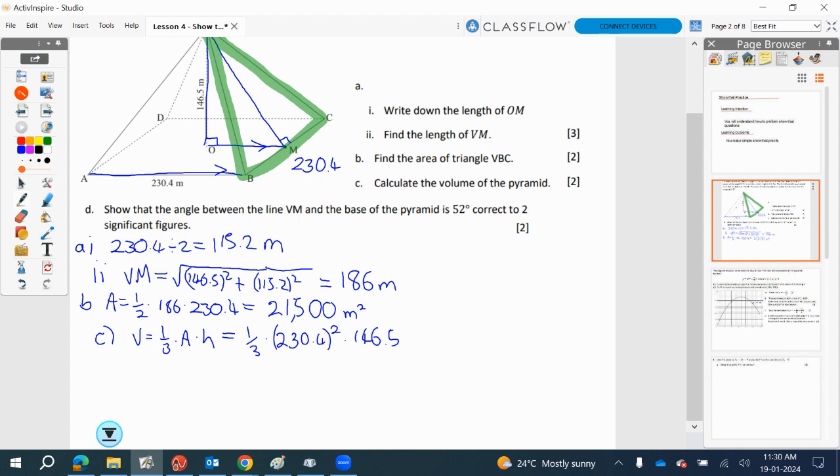2592276.48. Cubing it, so it's square. Okay, so three significant figures. What is this in three significant figures? 259.